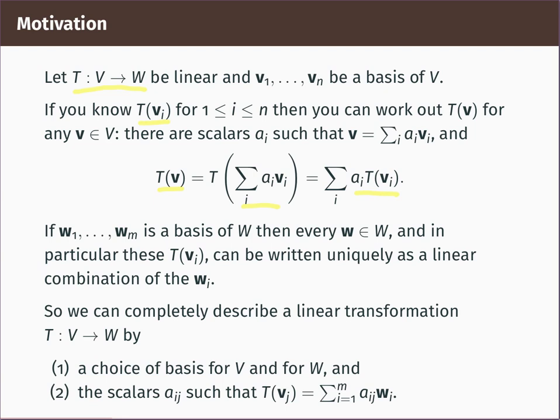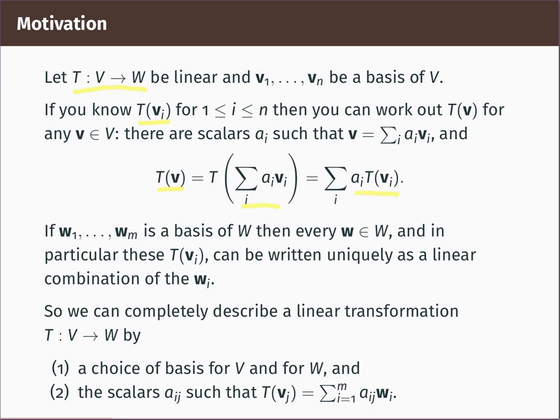But even better than this, let's suppose you have another basis, w1 up to wm, of the codomain W of T. Then every w in W, and in particular these vectors T of vi, can be written uniquely as a linear combination of the w's.